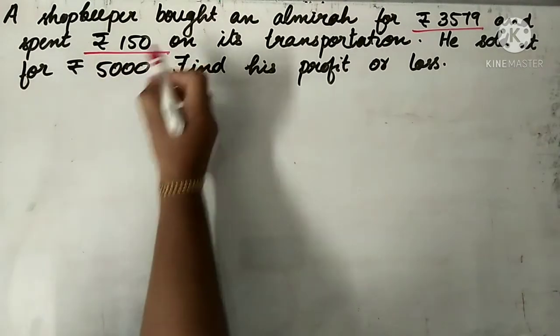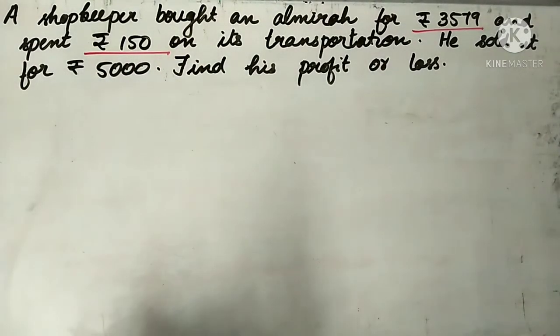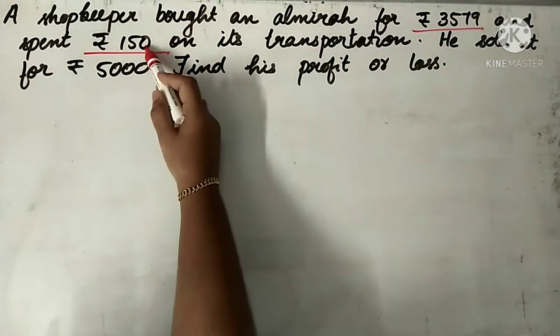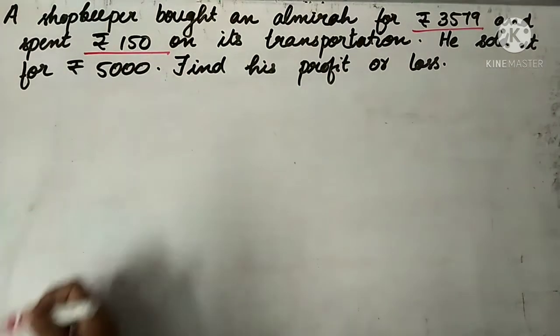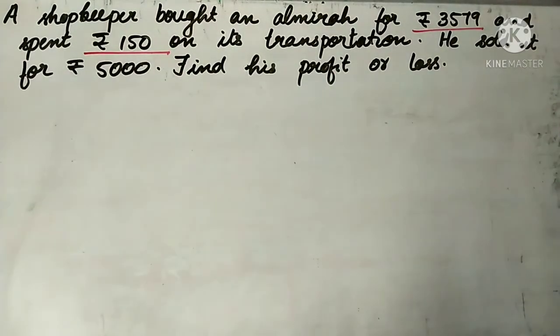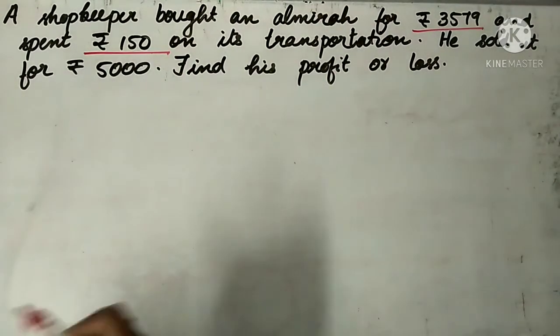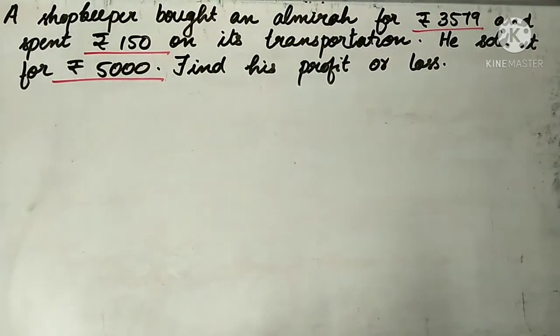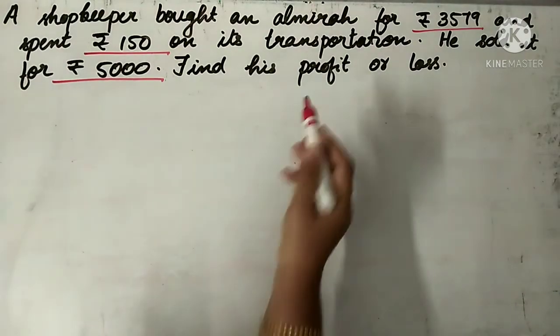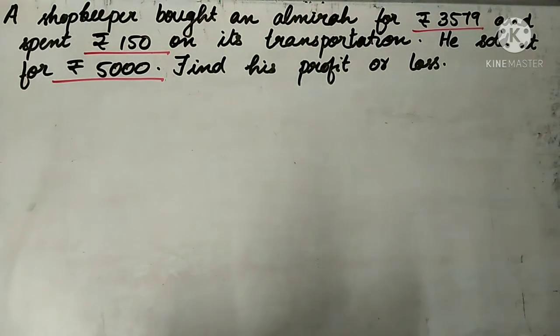So this is the overhead charges of the Almara. So cost price we can find it by adding these two amounts. Price of the Almara plus the overhead charge. Now he sold it for rupees 5,000. That means selling price of the Almara is rupees 5,000. We have to find whether it is profit or loss and how much it is.